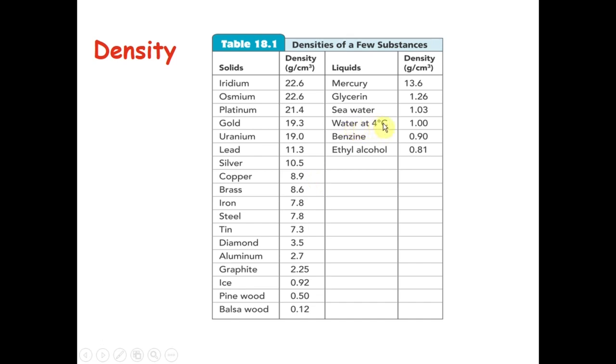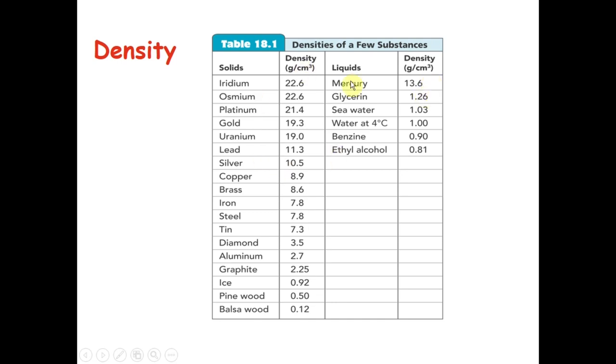Water at 4 degrees Celsius has a density of 1 gram per centimeter cubed. The density of liquid water at 4 degrees Celsius is a little bit higher than the density of ice. Mercury has a density of 13.6 gram per centimeter cubed.